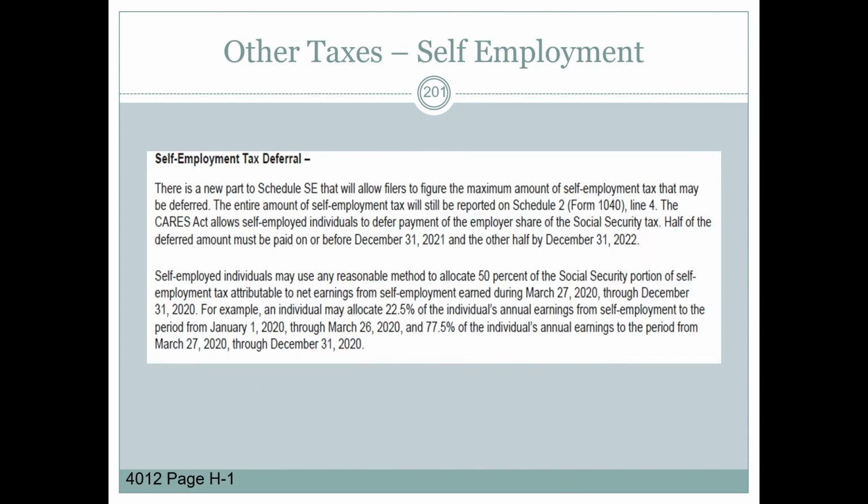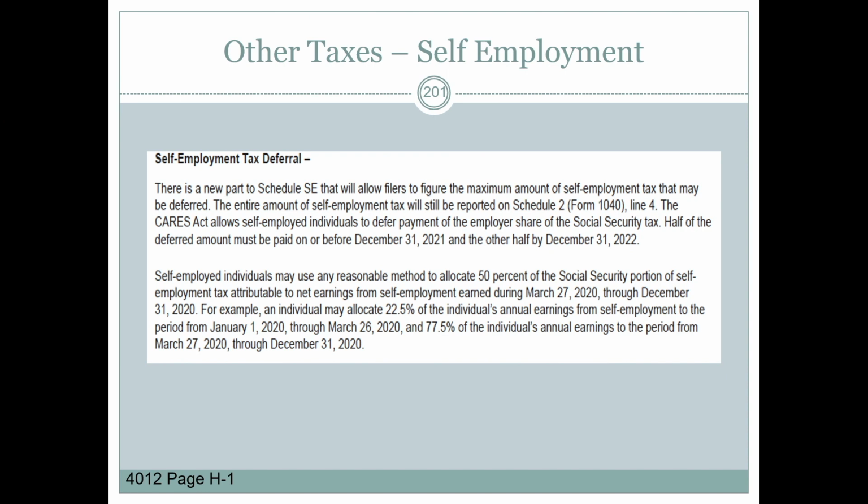If you turn to page H-1 of the 4012, you will see what the screen looks like in TaxSlayer for other taxes. You will see a section for the self-employment tax, which we'll talk about.